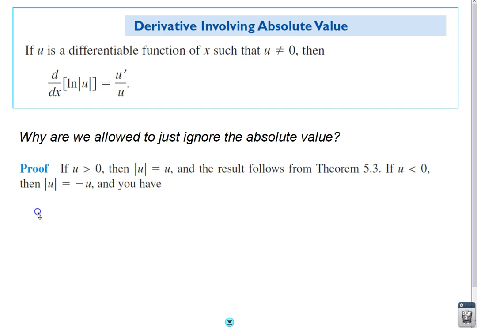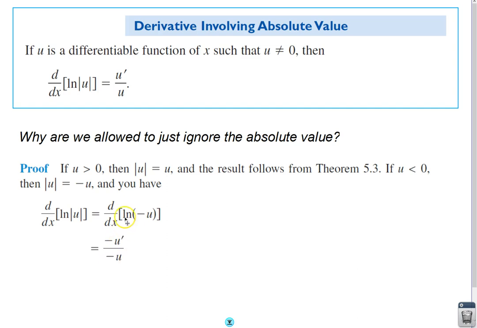Okay, so you take the derivative of the natural log of u, and remember, in this situation, the term u itself is a negative, okay? So in order to make it positive when you take the absolute value of it, you would need to multiply by a negative, okay? So the derivative of the natural log of the absolute value of u is the same thing as the derivative of negative, of natural log of negative u, which would be a positive expression, okay?